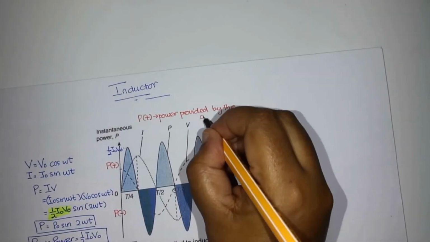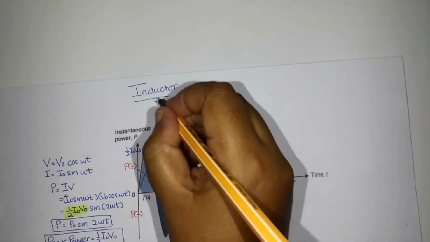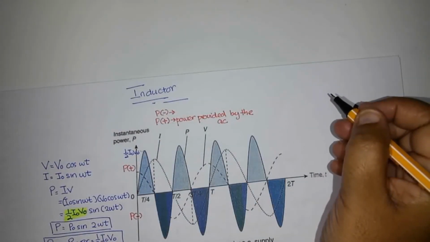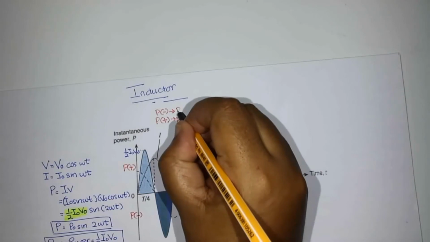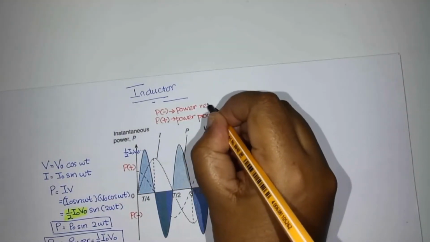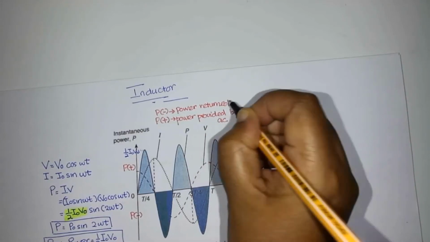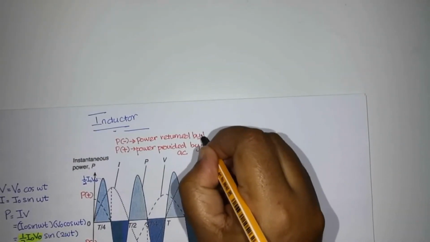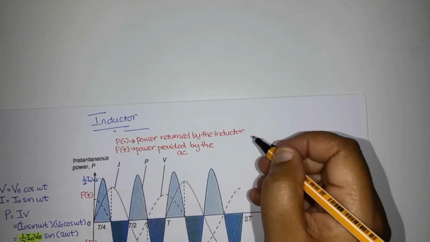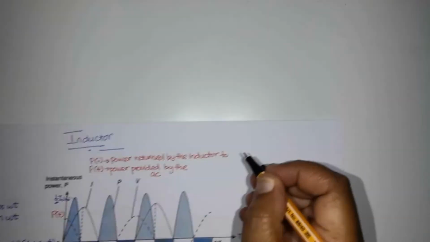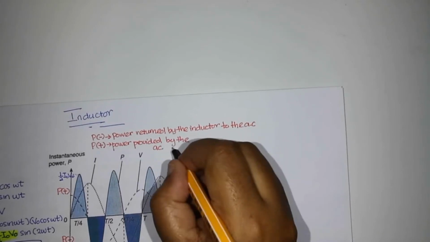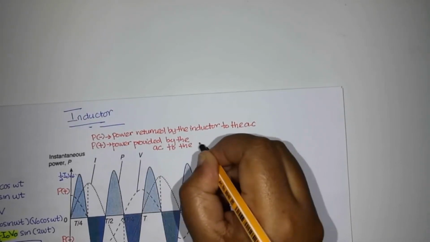Negative power means power returned by the inductor to the AC. Power provided by the AC to the inductor. So let me finish that sentence completely.